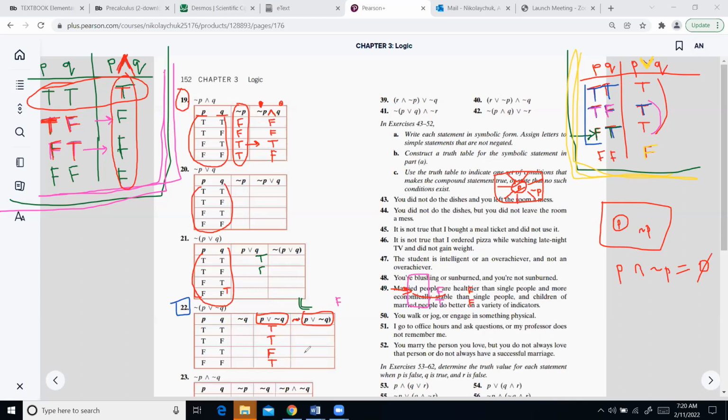So please notice that now I'm going to work only with this new column that I produced here, and I changed them with the opposites. So the true changes with F, next true changes again with F, next is T, because I used to have F, and finally it's another F. So this is my answer.